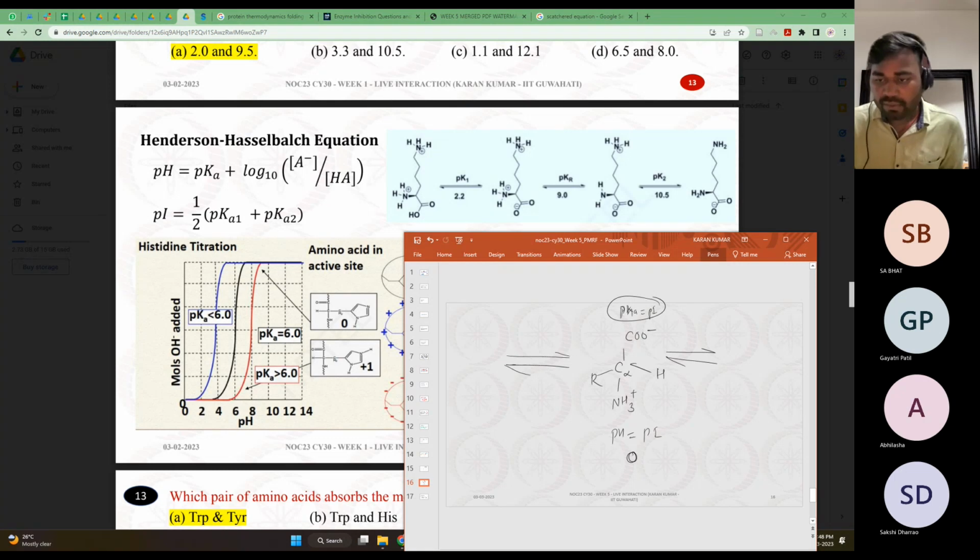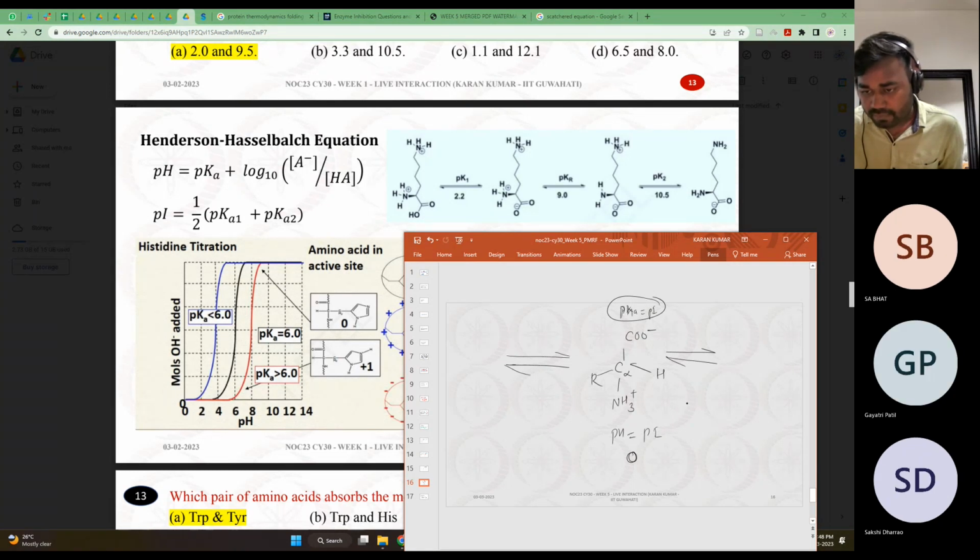Now, if you are going above pI, in the zone where pH is greater than pI, what will happen? Your amino group will also lose its proton, right? And then you will have a -1 charge. pH greater than pI means your H plus concentration will be lower.